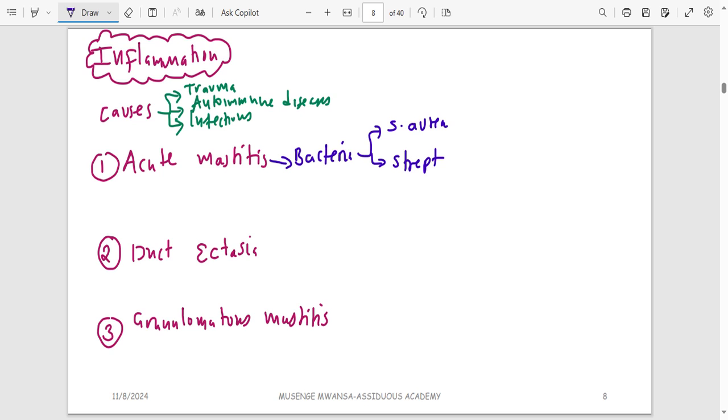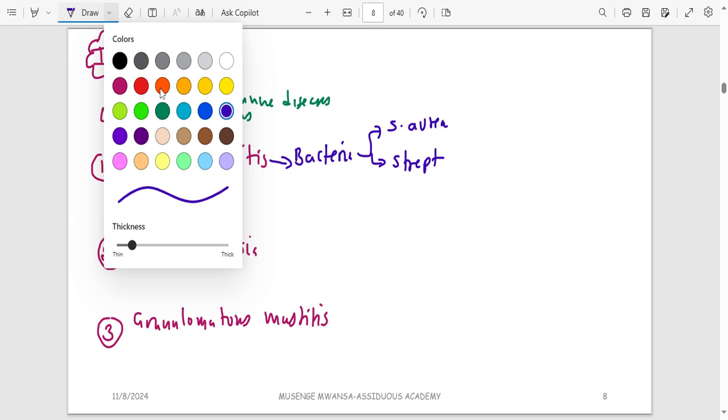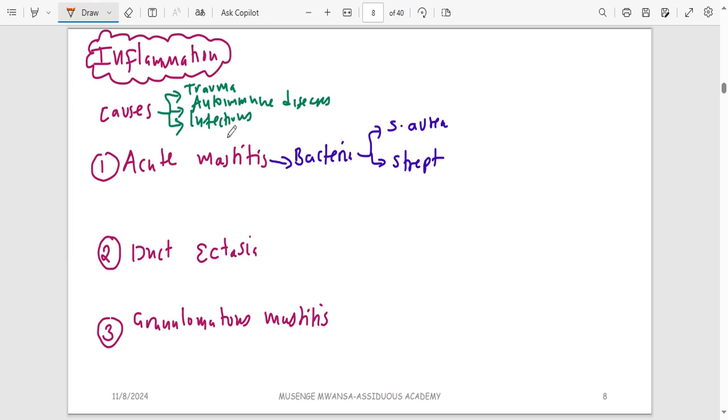It is more localized. So even the inflammation, the acute mastitis caused by staph aureus, one thing that we need to know is that you are going to have normally a single, or sometimes multiple, abscess.